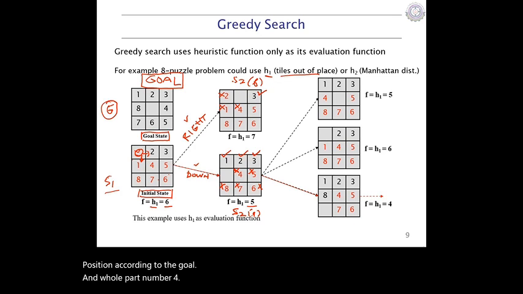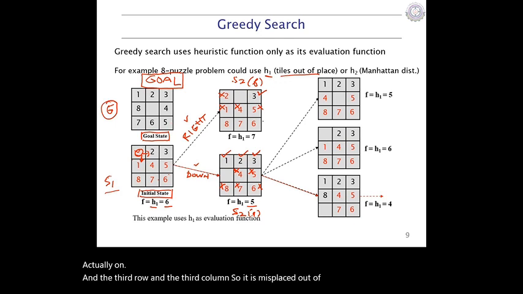Number 5 is again misplaced, because in S2B it is in the third column, the second row, but in the goal, number 5 is actually on the third row and the third column. So it is misplaced, out of place.